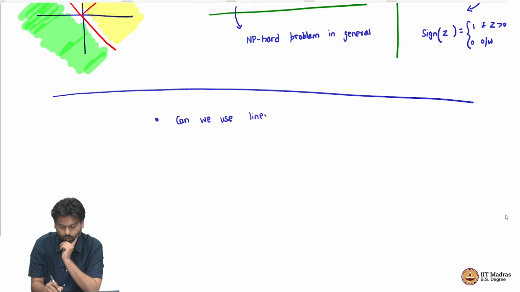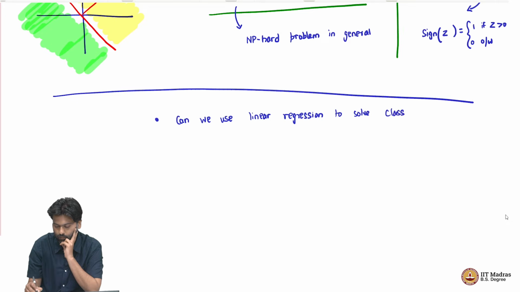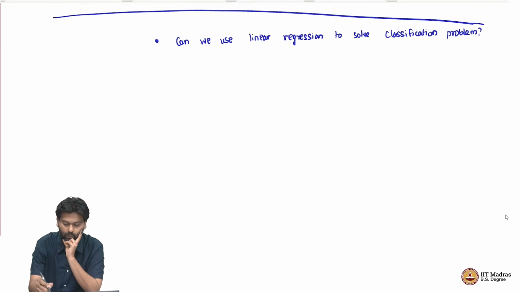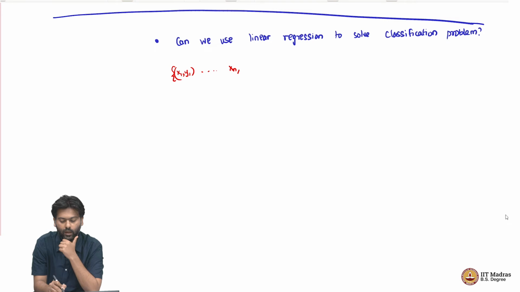So, can we use, let us say, linear regression to solve classification problems? By which, what do I mean? I mean the following, right? You are given a data set x1, y1 to xn, yn.